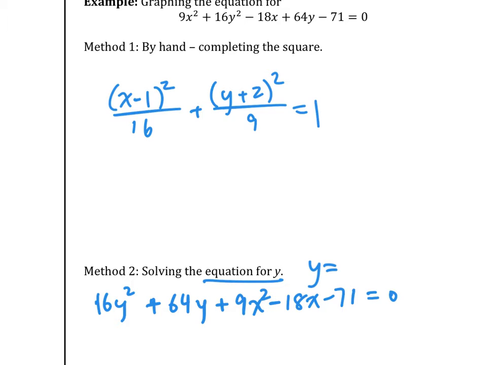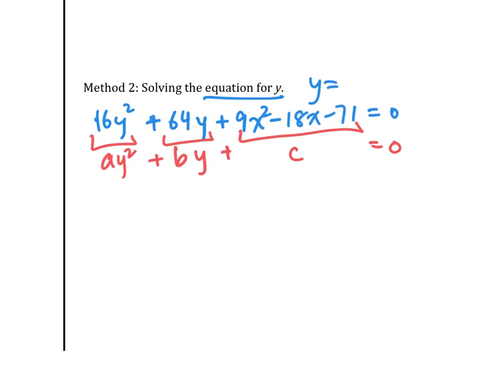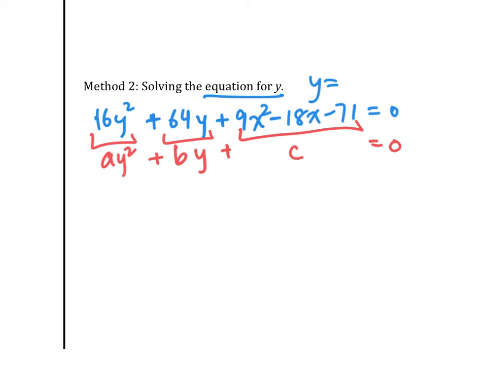So this is basically in the standard form of ay squared plus by plus c equals 0. So this is basically a quadratic equation. And so if we want to solve for y, a fast way to do this is to use the quadratic formula, thinking that y is my only variable.